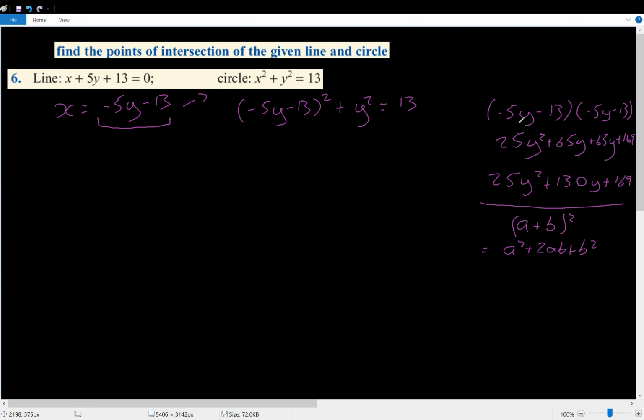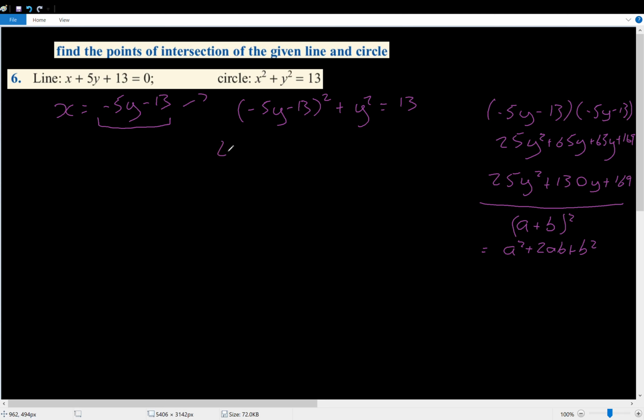A being minus 5y, so minus 5y squared is 25y squared, and then 2ab would be 2 times a times b, so 2 times minus 5y times minus 13 would have given us plus 130y, and then plus b squared would have been minus 13 squared, and minus 13 squared is 169, which is what we got in the end. So either way is absolutely fine, although if you remember the formula, it'll make things go a little bit quicker at times. So we put in our expanded brackets over here anyway.